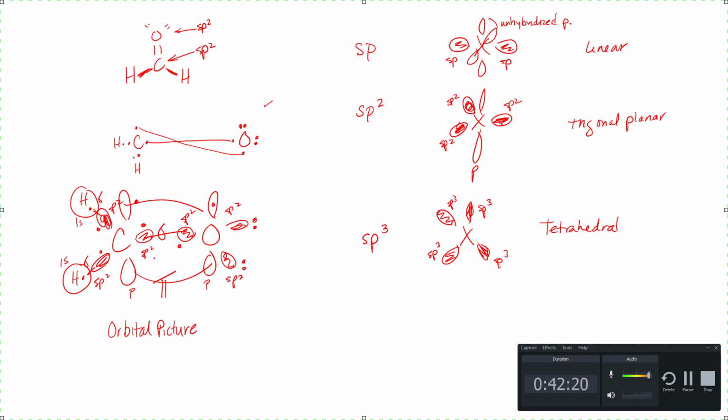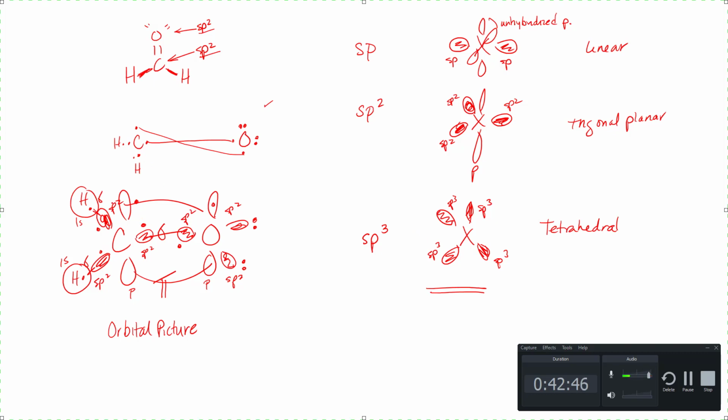So the way to do this is to first of all identify the hybridizations of the non-hydrogen atoms, sketch out their orbital pictures, which you get from this diagram. And again, that diagram doesn't have any electrons in it.